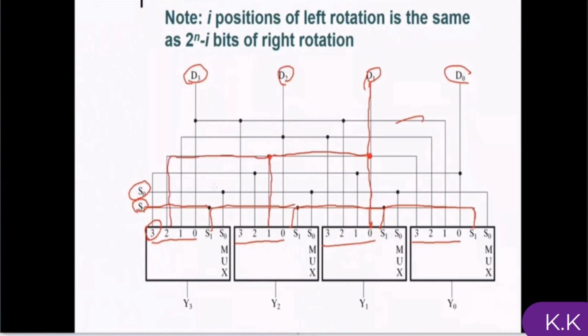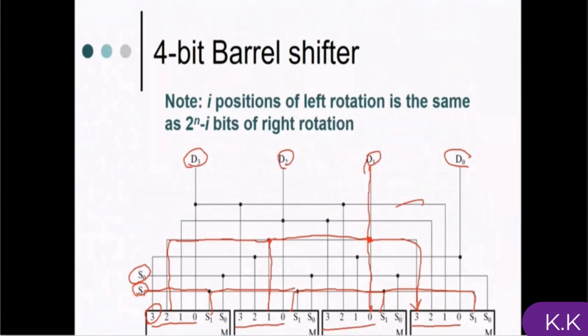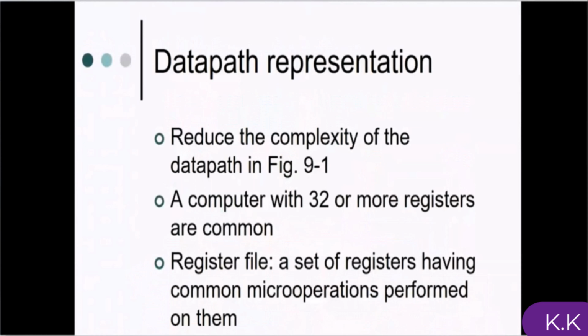And the next one, it is connected to the input 3. The Y1. It's connected to input 0 here. Also it is connected to the input 1 here, input 2 here and input 3 here. So this is the way that we can implement the previous truth table of the barrel shifter.